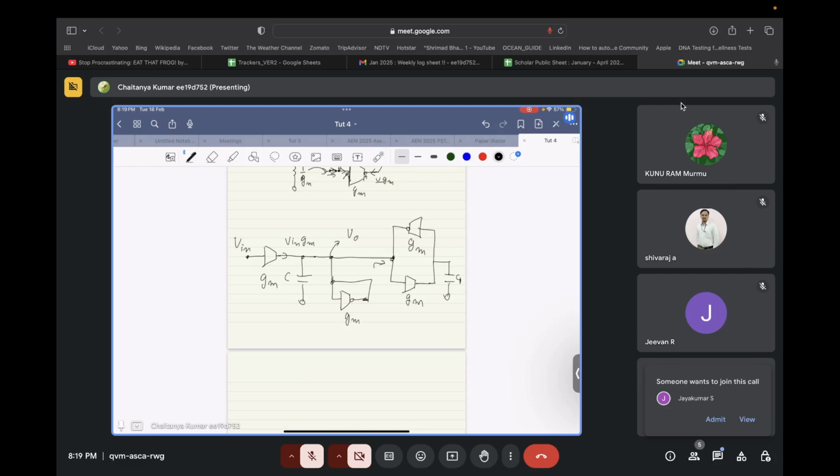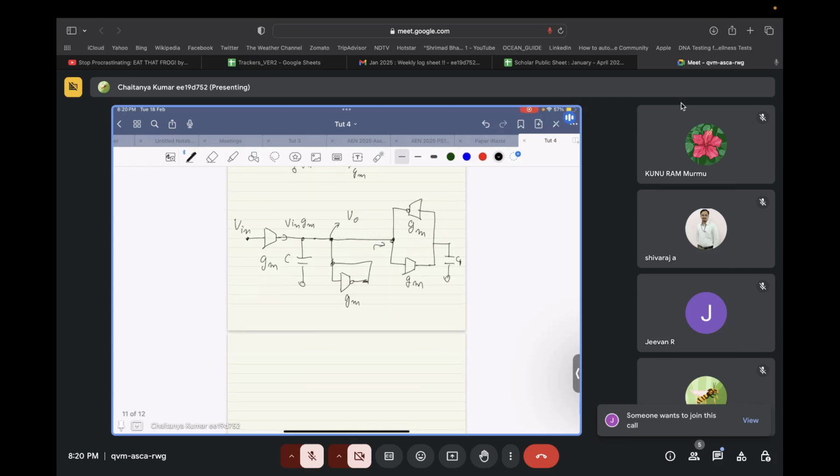Now let's say this voltage developed over here is V naught. So the current that will be flowing due to this V naught is V naught times SC plus V naught times GM plus the current that is flowing in this direction. So what is the current?